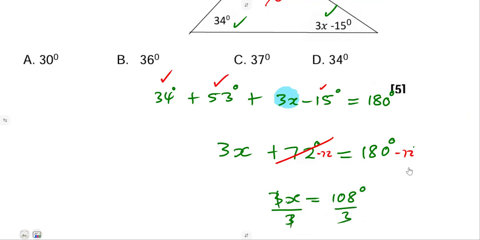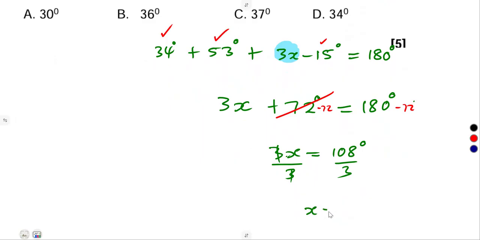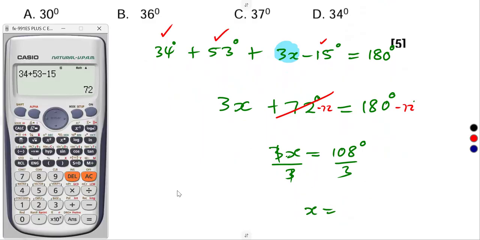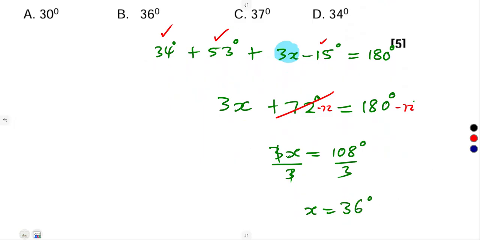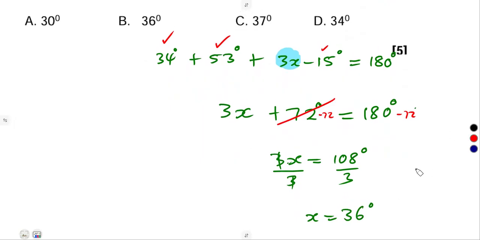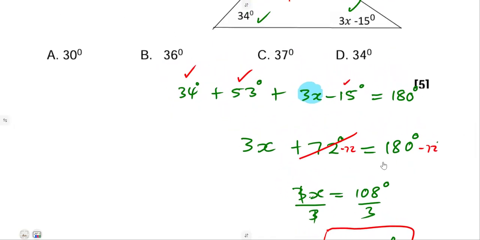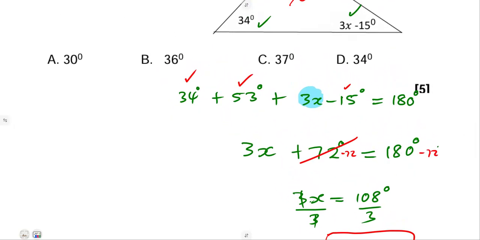By 3, on both sides of the equation. So x will be 108 divided by 3, which is 36. So x is equal to 36 degrees. So let us consider the best answer there, where we have got 36 degrees. That's on what? On B.